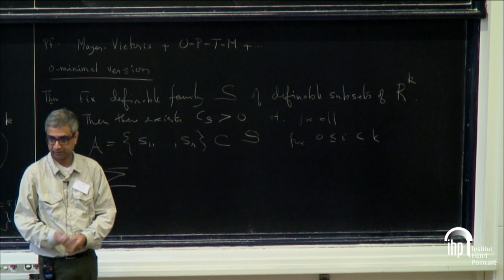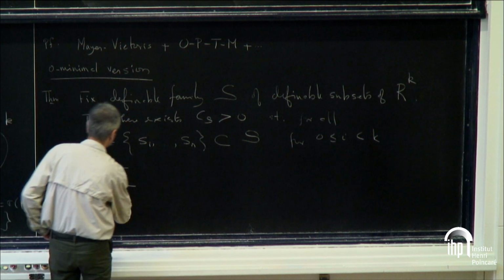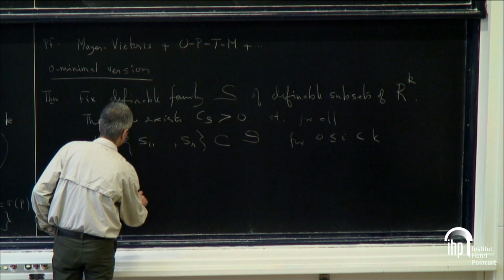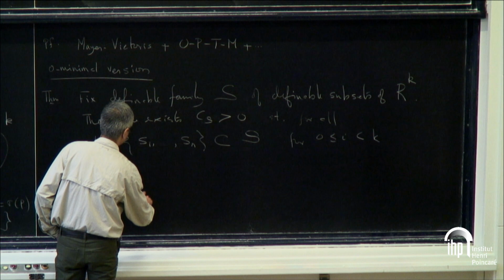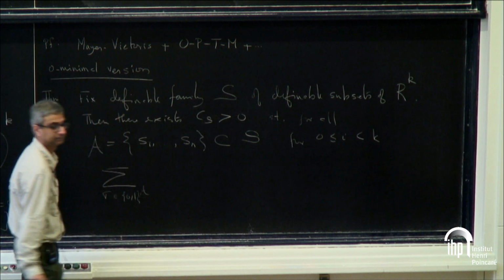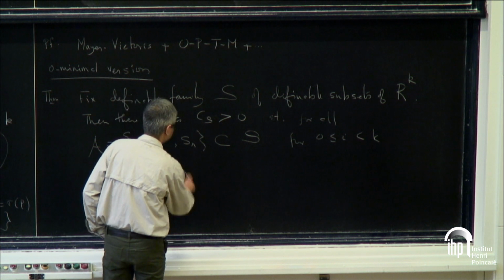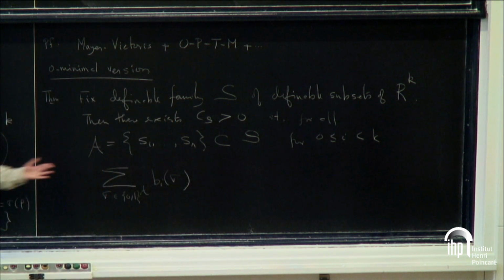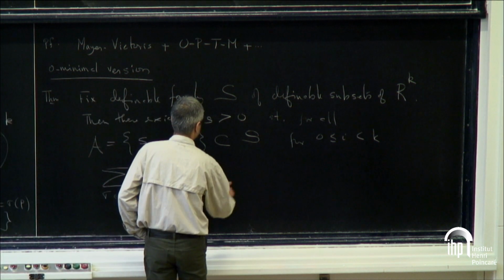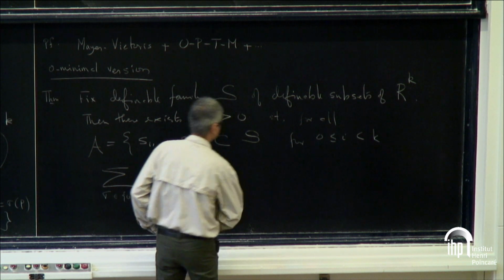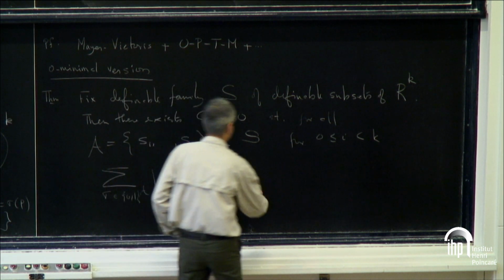So I'll just say membership or non-membership, so it will be between 0 and 1, of b_i of sigma. I'm not going to define what b_i of sigma is, because it's the obvious thing here. And that's going to be at most this constant, which just depends on the family, times n raised to k minus i.